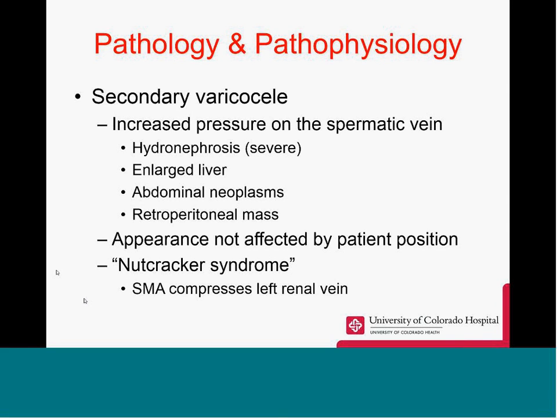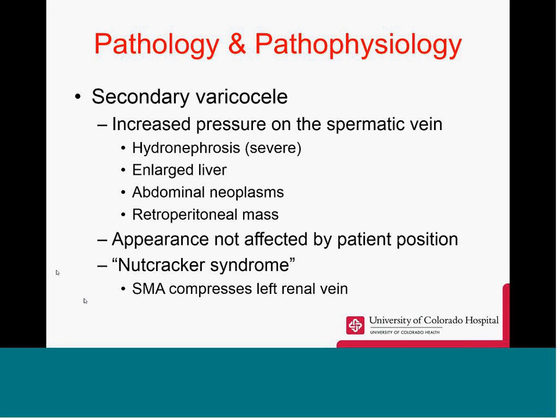This can range from severe hydronephrosis, hepatomegaly, an abdominal neoplasm, or a retroperitoneal mass. With these, the appearance is not affected by patient position or Valsalva maneuver, so definitely important to do these different techniques.